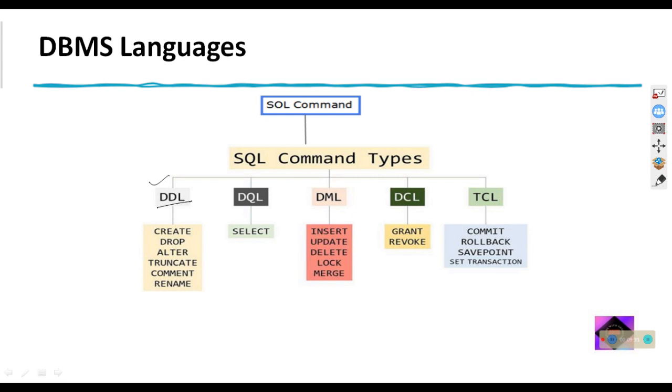Data definition language: create, drop, alter, comment and rename. DQL means data query language, DML the data manipulation language, DCL data control language, and TCL is the transaction control language. These are the basic DBMS languages that you have to know from the examination point of view.